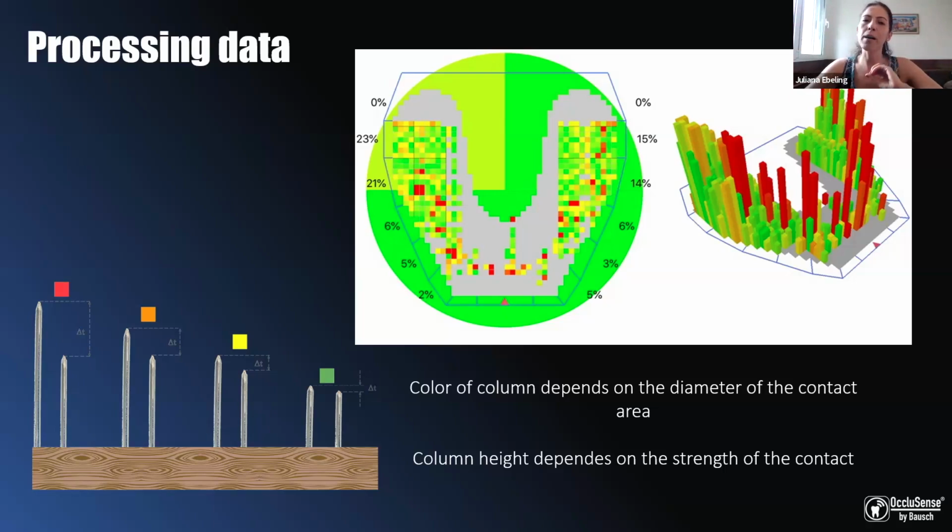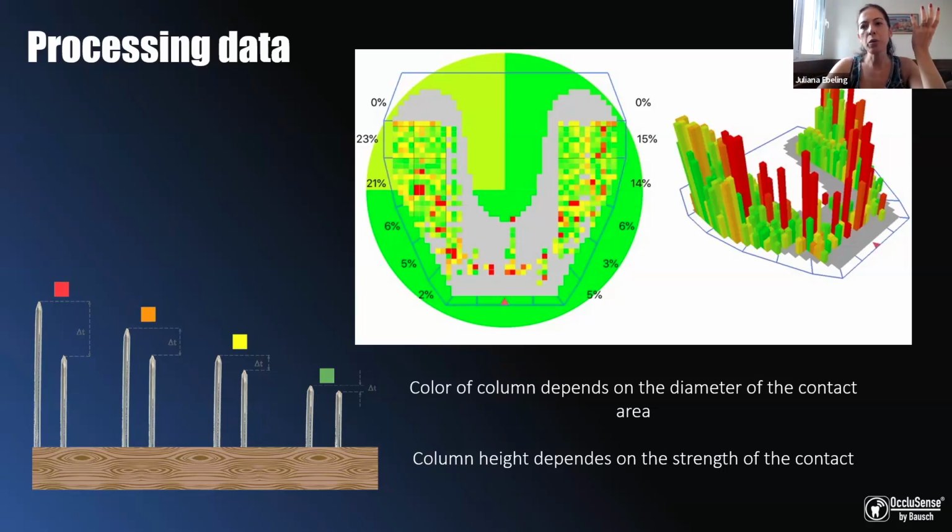The color is about the size of the contact. So when I have red, I have a more punctual contact. I can have a contact just punctual like this, or I can have a contact on a large surface. This is represented by the colors, okay?